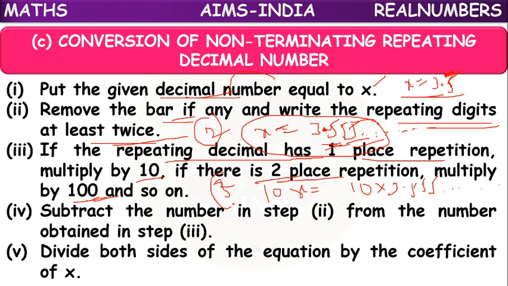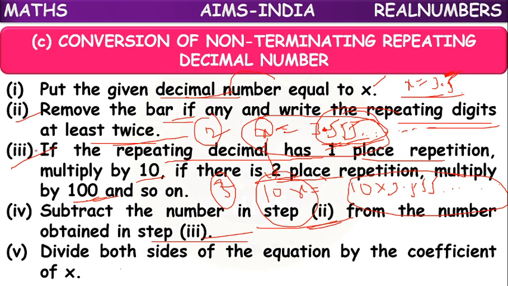Now this is step 1, this is step 2, and this is step 3. Now subtract the number in step 2 from step 3. Means from this 10x, we have to remove x, which are on the left hand side, and from this value we remove this value on the right hand side.